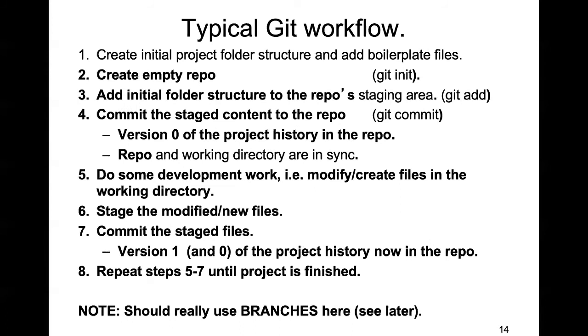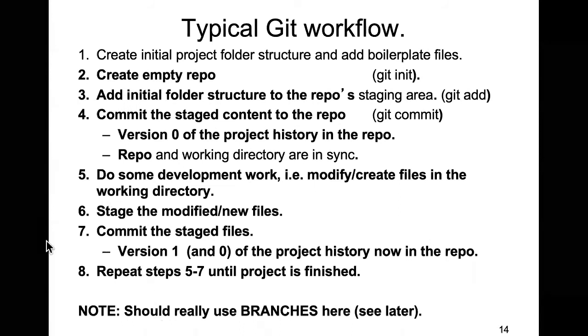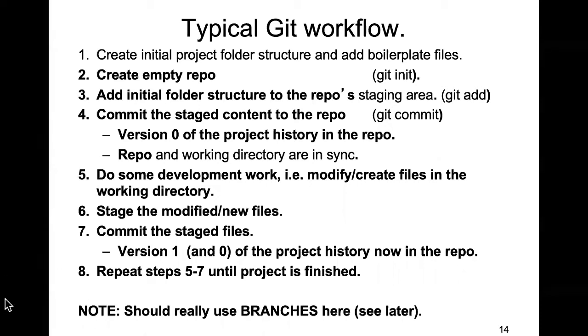That's your typical workflow, although we'll see a little bit later on that the whole area of branching, which I'm mentioning down at the very bottom, comes into this workflow as well. But for now, we're not concerned about branching.